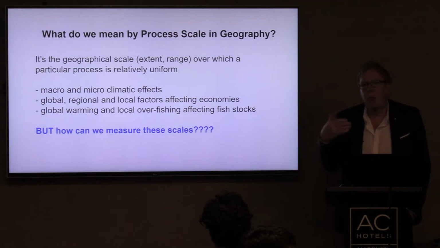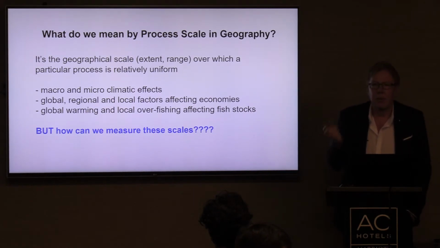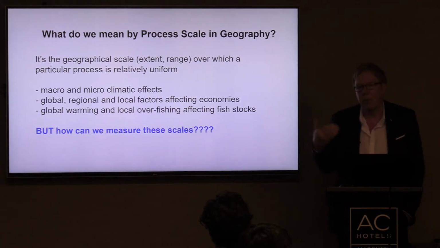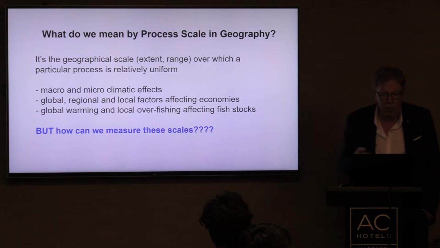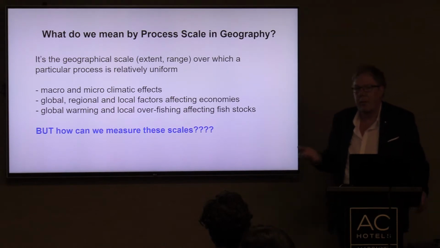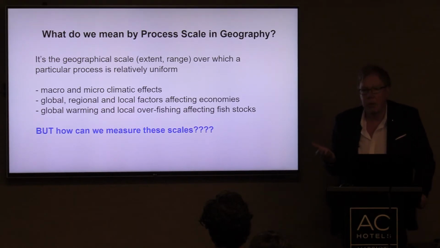And we're all aware of this effect, and we use this term in many different contexts. So we talk about macro and microclimatic effects. We talk about urban heat islands, and we talk about global warming. Okay? Those are processes which operate at different scales. We talk about global, regional, and local factors affecting economics, local economies, unemployment rates.